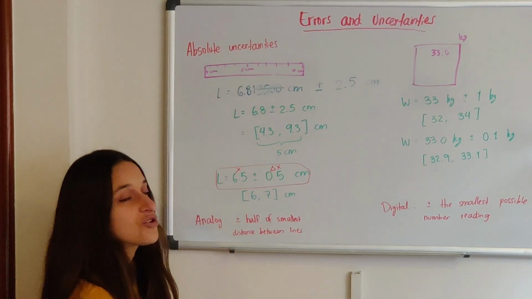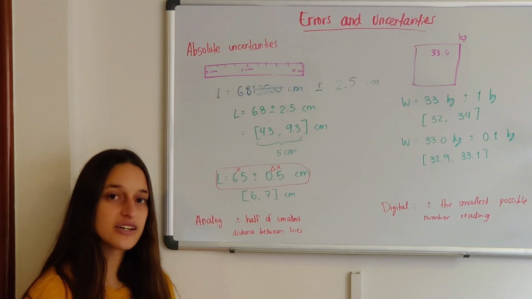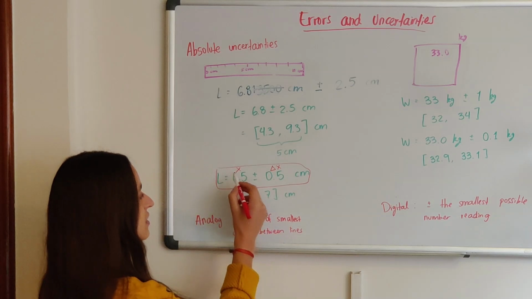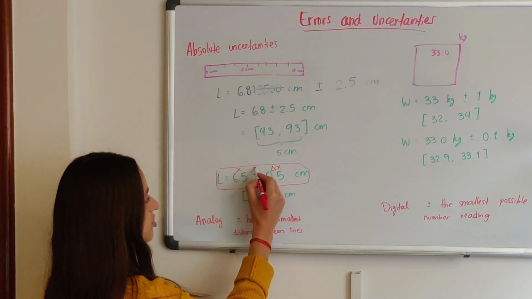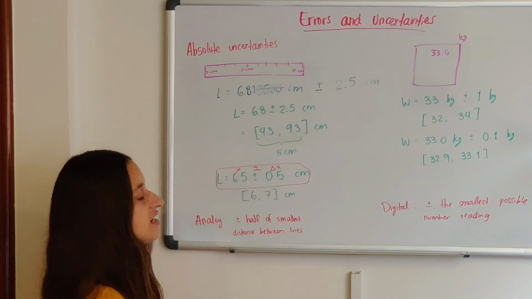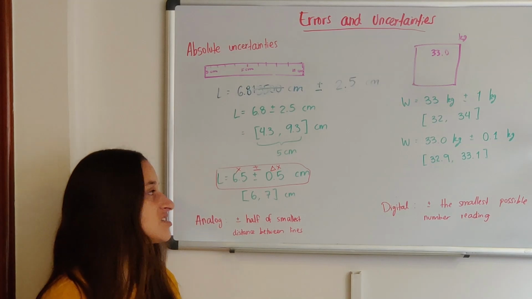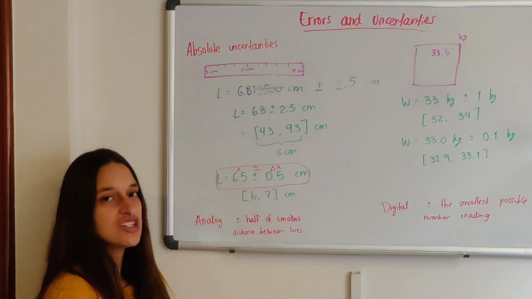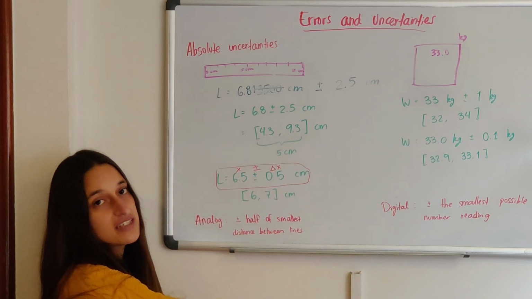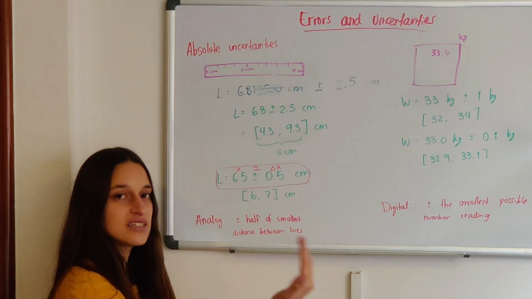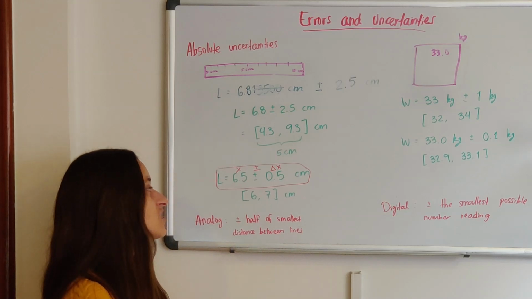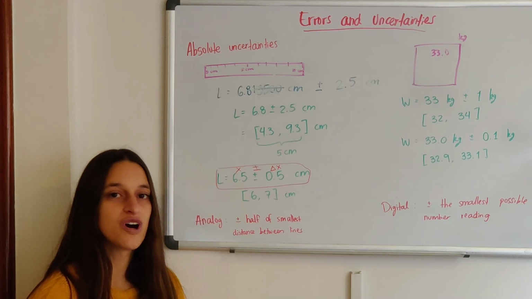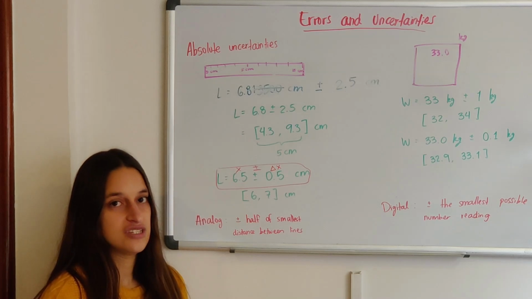Delta is a Greek letter that means change in. So this would be x plus or minus change in x. That means that when I give a value, I also tell you how much I might change it to the right and to the left, how much I might subtract and add from it to get my real value. So taking that into account, I'm going to move on to relative uncertainties.